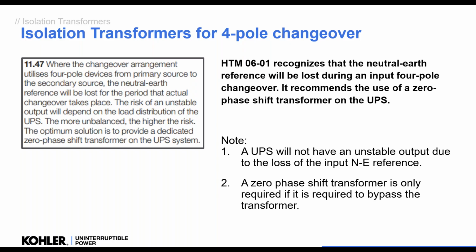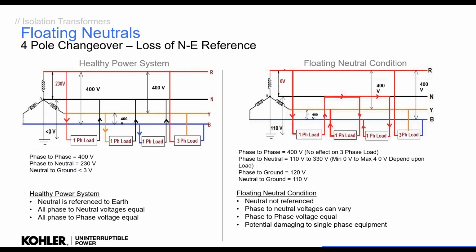When we're talking about floating neutrals, we are talking about 2 different types of floating neutrals. Okay, and this is what does confuse some people, because on a healthy system, the neutral is connected all the way through to the transformer and to earth. Okay, so line to neutral 230, line to line 400.